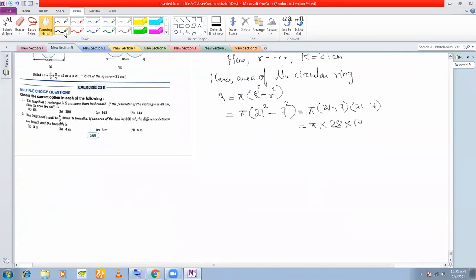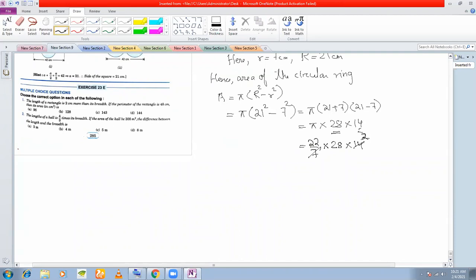Now you see that 28 is a multiple of 7. So you put the value of pi as 22 by 7, since no value of pi has been specified. 22 by 7 into 28 into 14. Both 28 and 14 are multiples of 7, so the 7 in the denominator gets very conveniently cancelled.